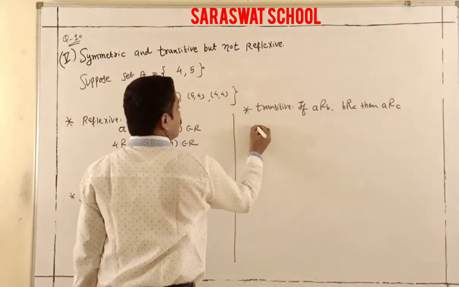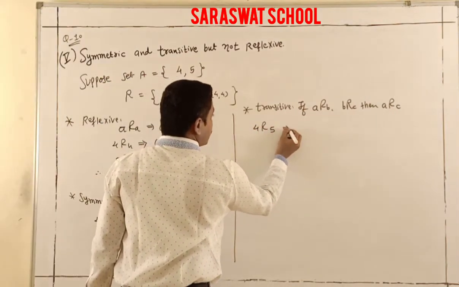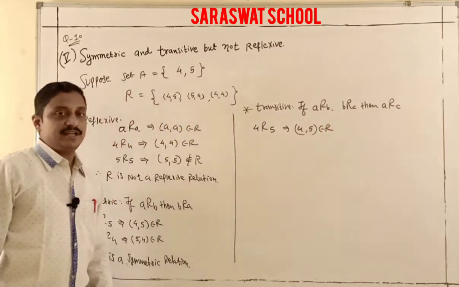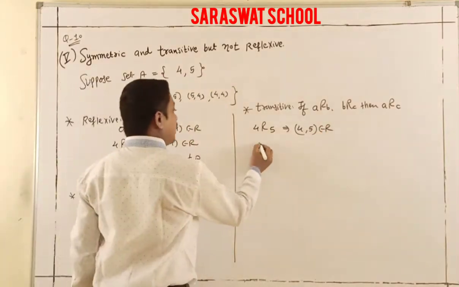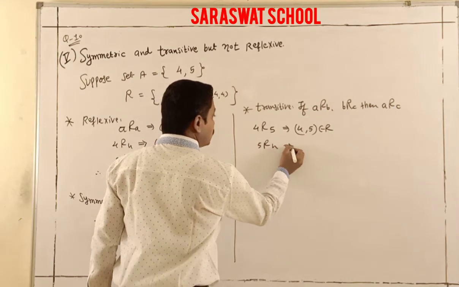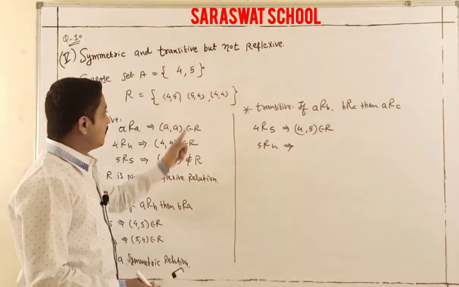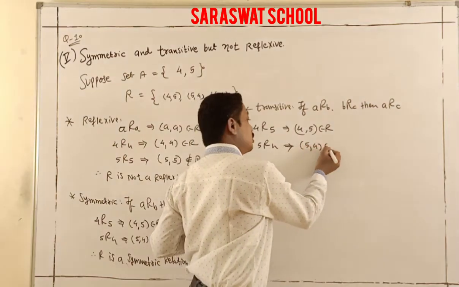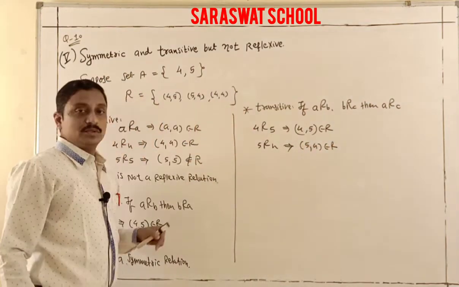What is the value? 4 relation 5: 4 comma 5 belongs to R. Definitely. Next ahead to 5 comma 4, and that 5 comma 4 belongs to R. Yes, this is also true.